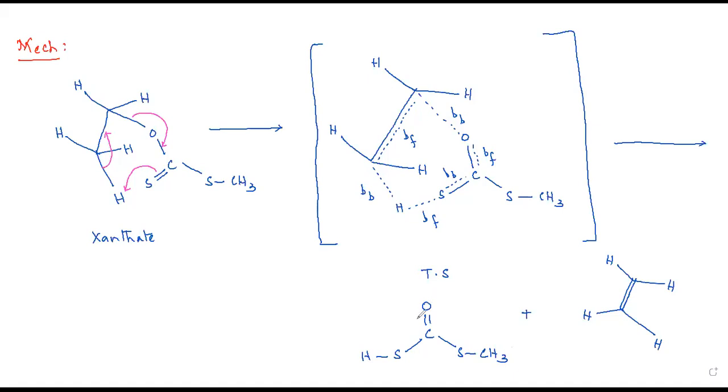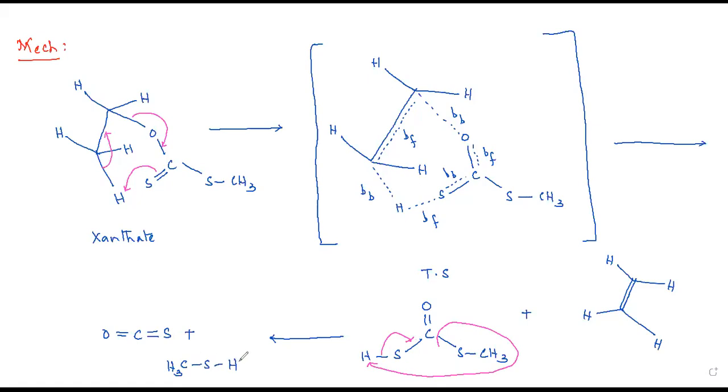And now, okay, let us take this way. This one comes here. The reorganization of the bonds. That's it. This will give us C double bond O, C double bond S. Then the other one is methane thiol.